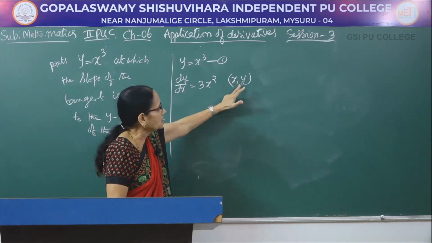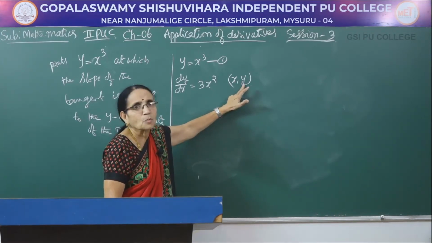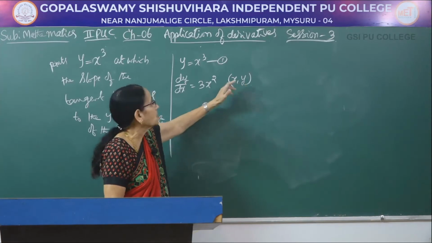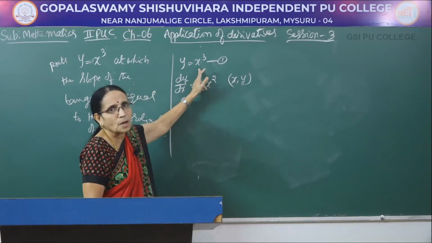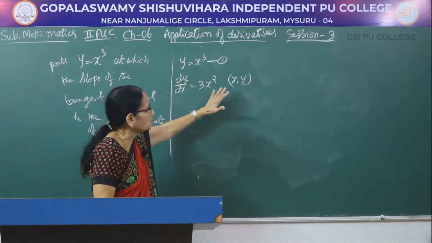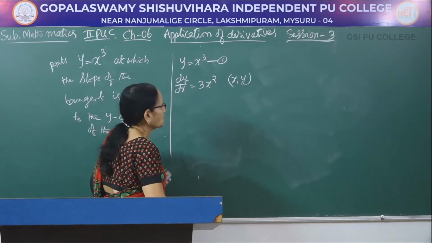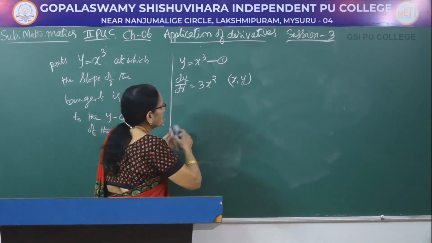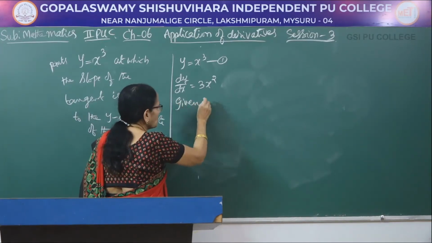So, the tangent has been drawn at the point (x, y). What is the y coordinate here? Y coordinate is y only. Or if you have taken (x1, y1), here also you have to take (x1, y1) after differentiation, or else you can keep it as it is, no problem. Now, y equal to x cube. Given that, everything should be written because it is a statement problem.